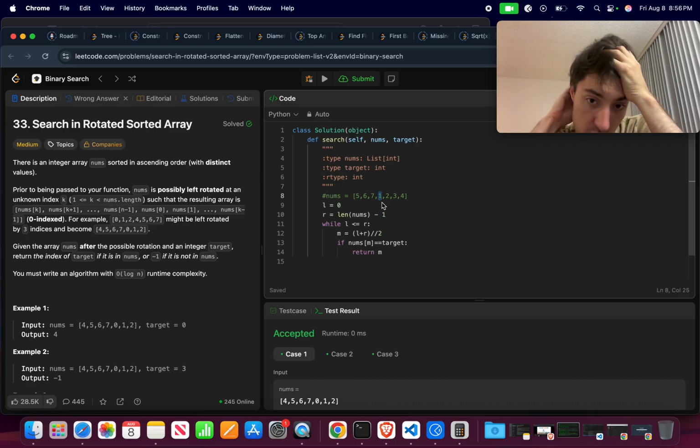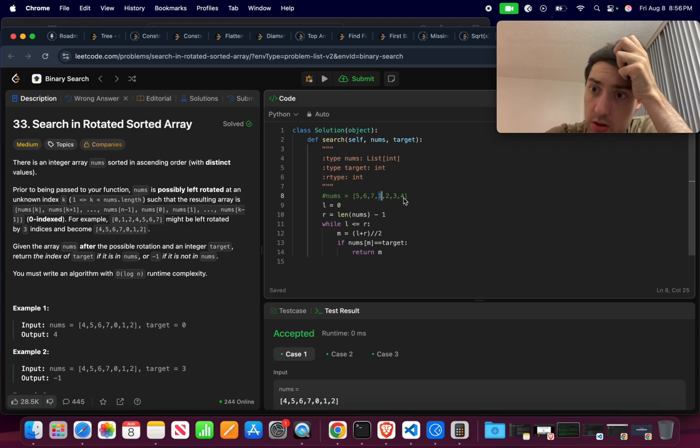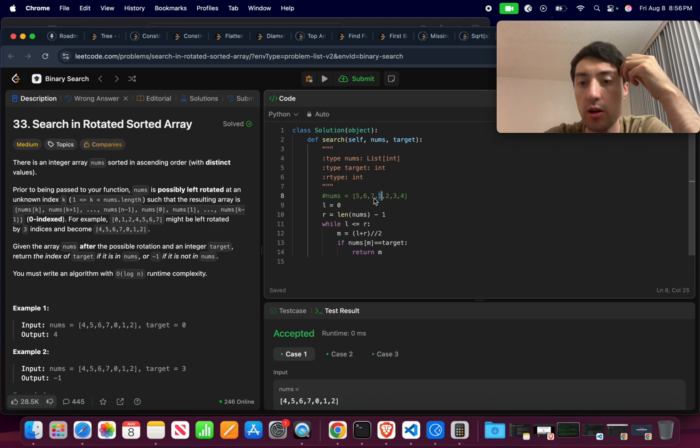So 1 is too small. But notice in this section it gets bigger, and in this section it also gets bigger. So I can't inherently just throw away part of it.